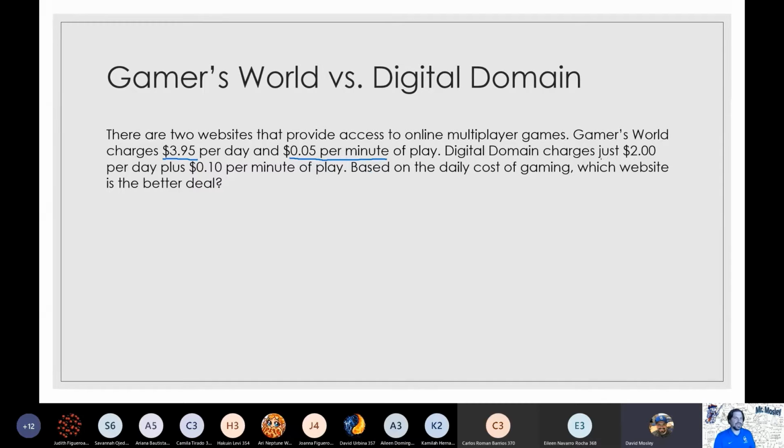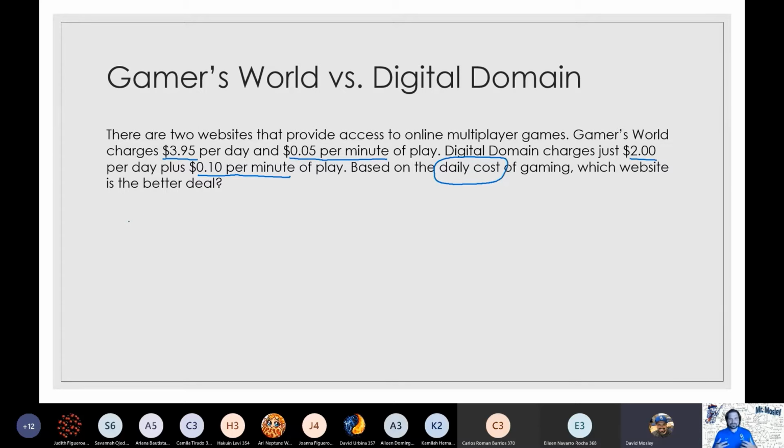And then digital domain is at $2 per day and 10 cents per minute. We want to consider daily cost, not a weekly cost or monthly cost. That would be an entirely different type of problem. To answer the question, which website is the better deal?